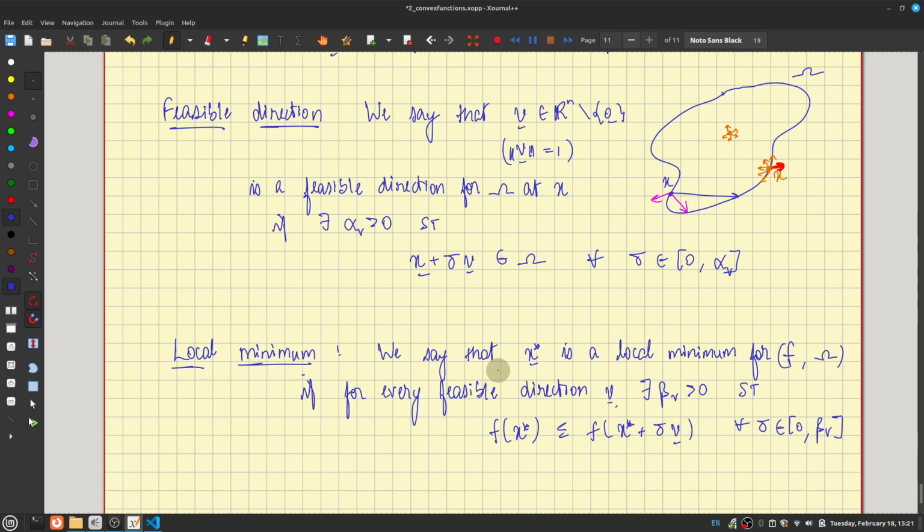So for that specific example, if you take the entire circular region enclosed by the circle, then the direction along the tangent would not be a feasible direction. But anything that points inwards is a feasible direction. So in this case, yes.